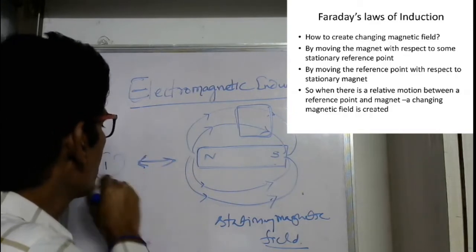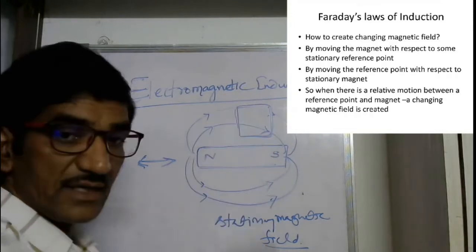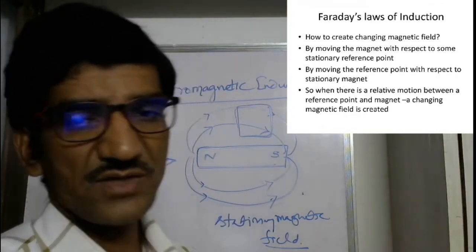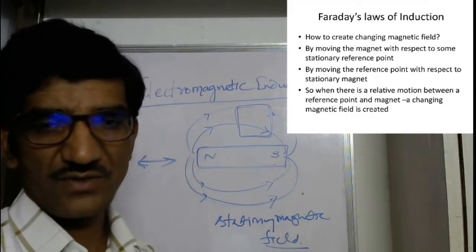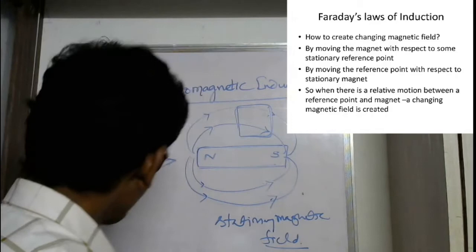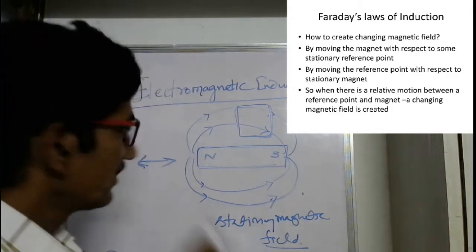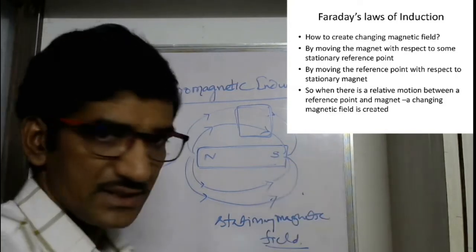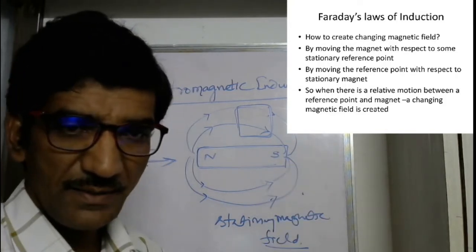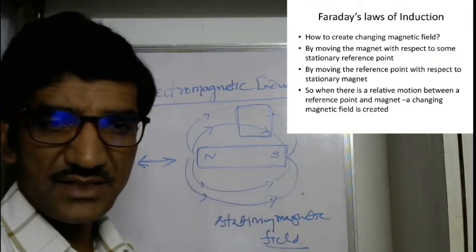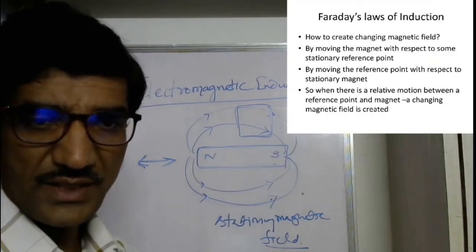Then in this particular area, you will get the varying magnetic field. This is one way of doing this. With reference to some particular point, this magnet is moving.